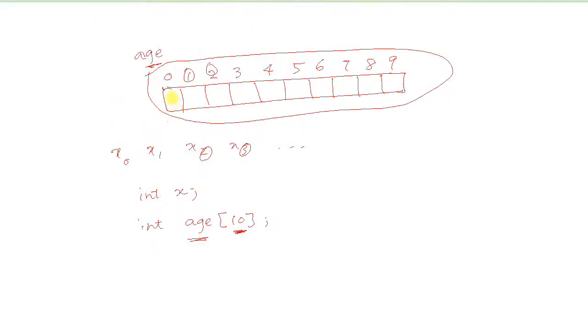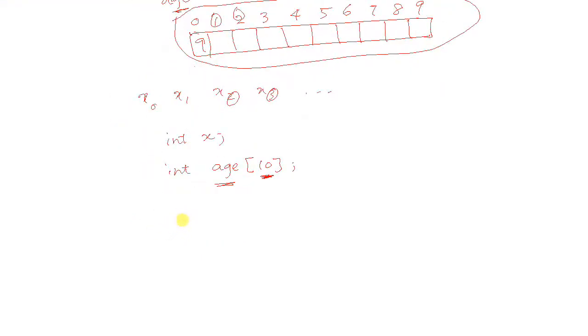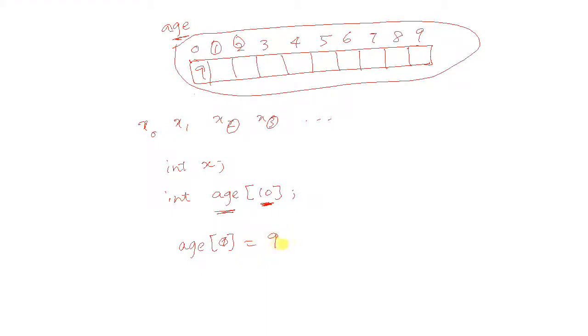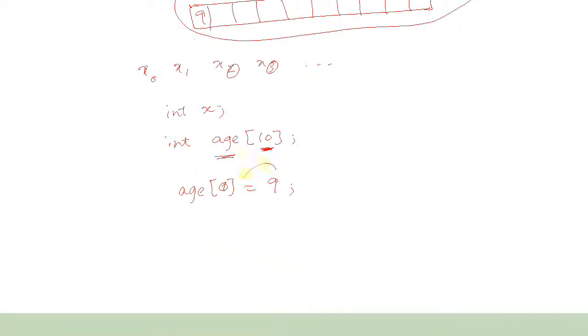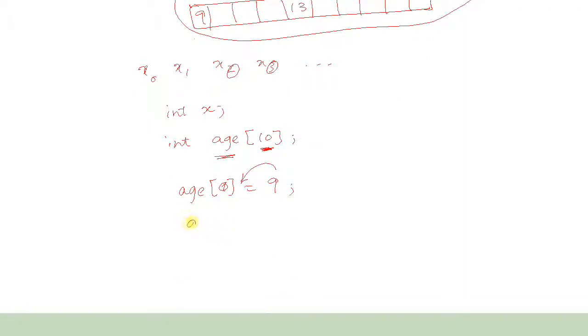So 10 students. And how are we going to access each of these elements? For example, if I want to make this as 9 years, how am I going to do that? I say age of 0, whatever the subscript is, we read it as age of 0, which is the 0th element, is equal to 9. That puts 9 into age of 0 right here. If I want to put 13 here, what am I going to do?